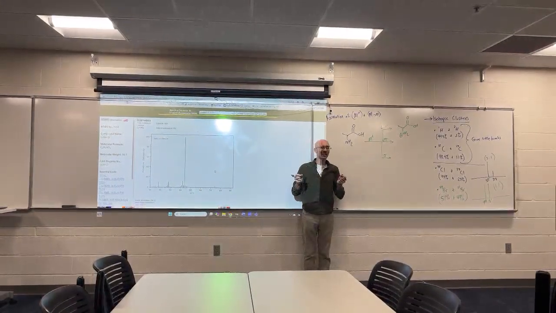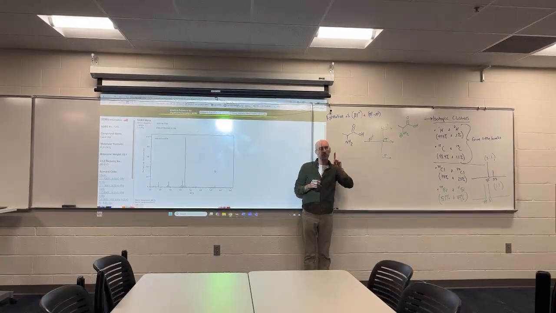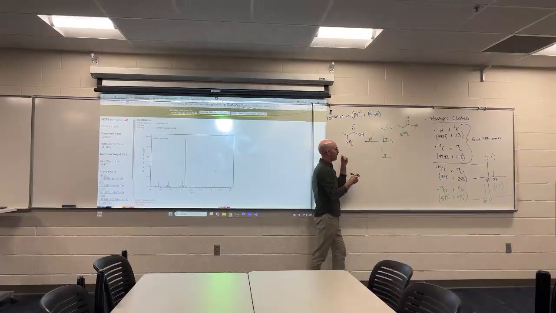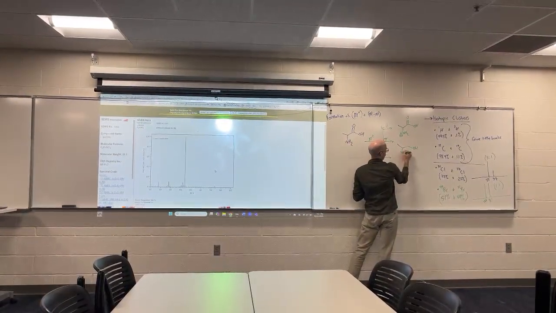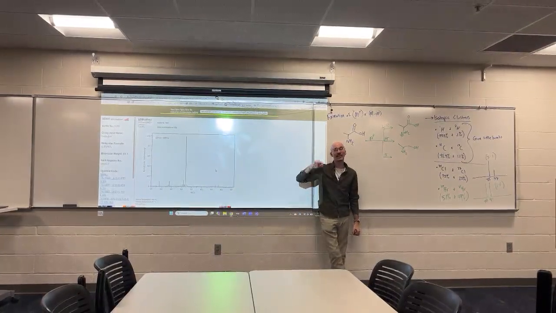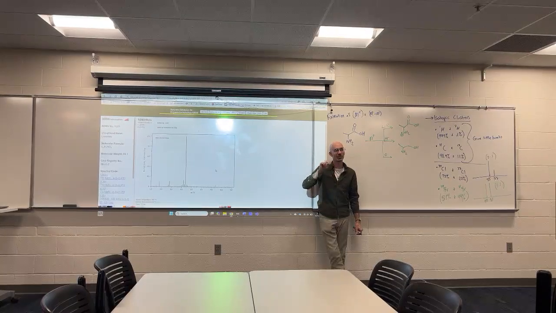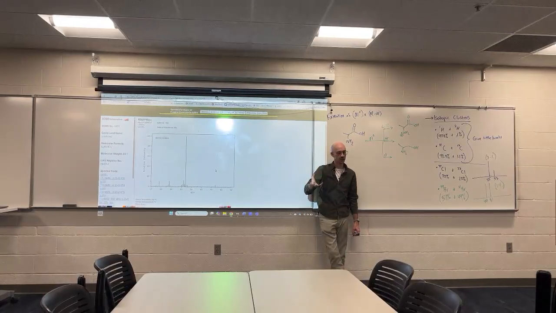I could also have formed this by pulling away a pi electron. How many pi electrons in alanine? 2 pi electrons, 1 pi bond. If I pull away one of those pi electrons, which of the atoms in the pi bond is more likely to lose it? And which atom is more likely to keep the radical? Oxygen is more electronegative.